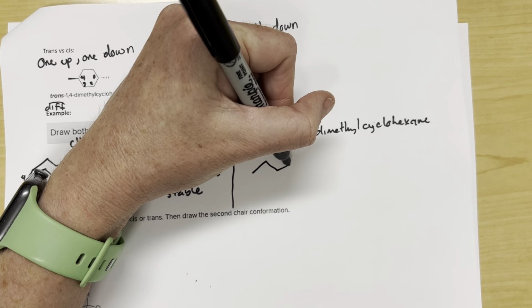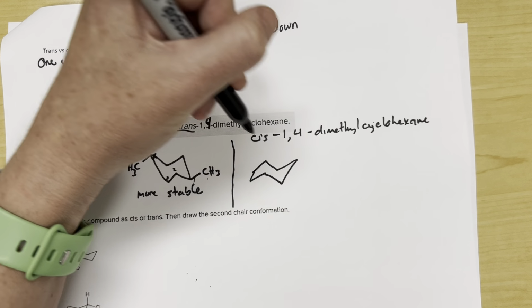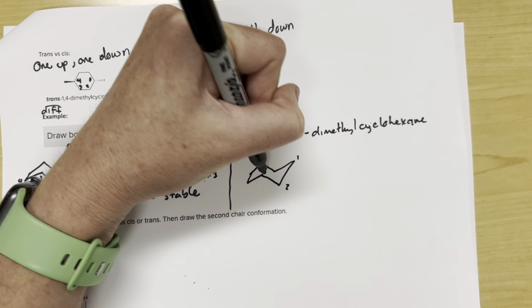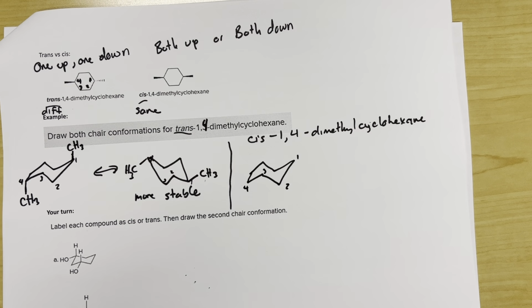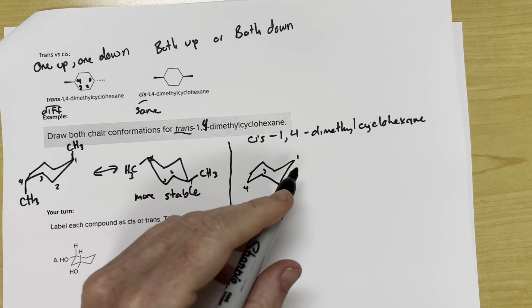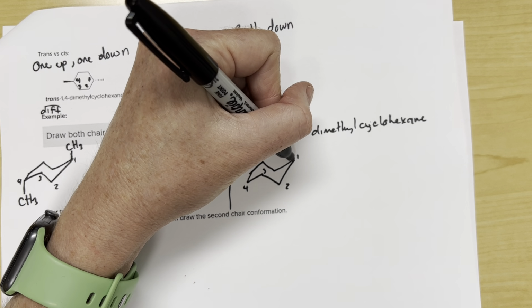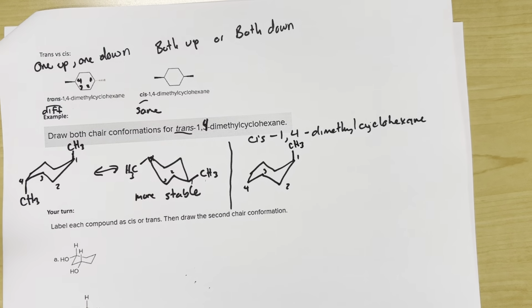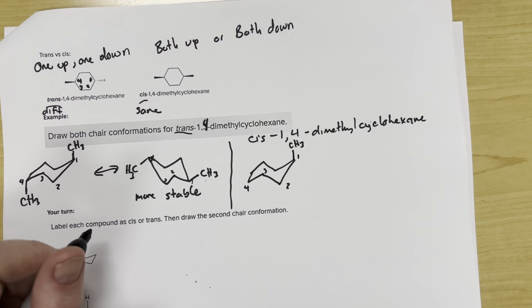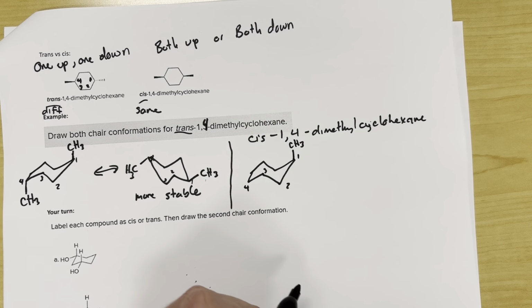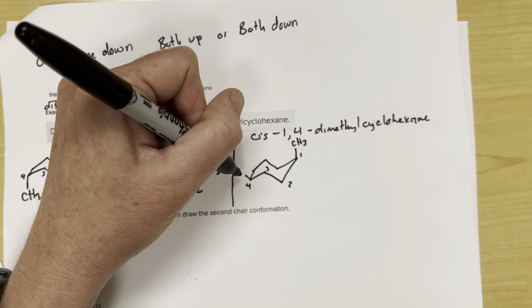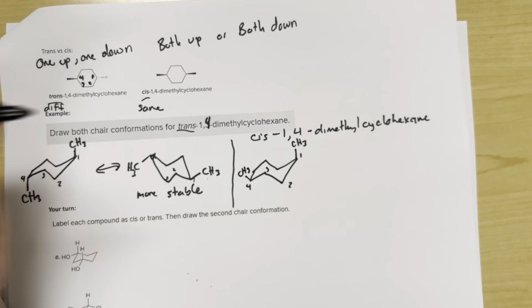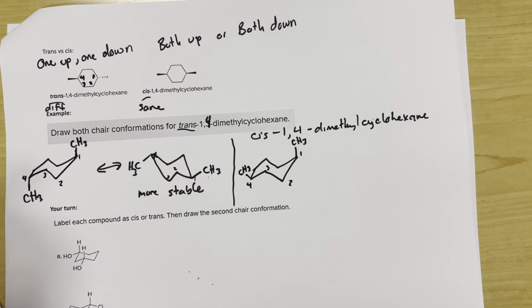So when we go to draw our conformation, if this is my 1, 2, 3, 4, let's do them both up for funsies. This would be CH3. And then my 4 would also have to be up. The only up on the 4 is the equatorial.